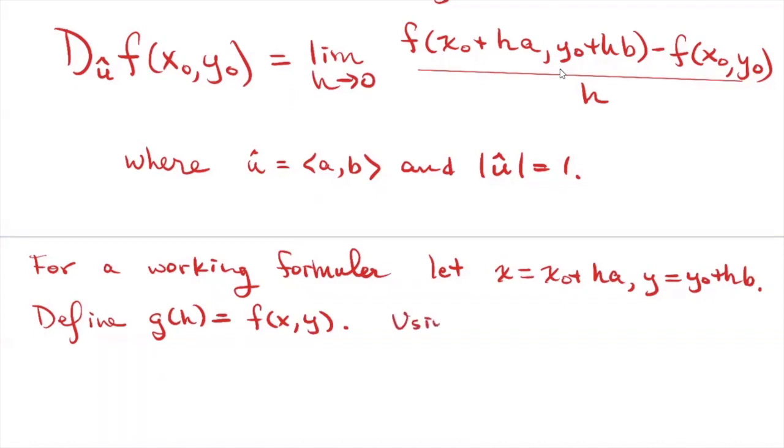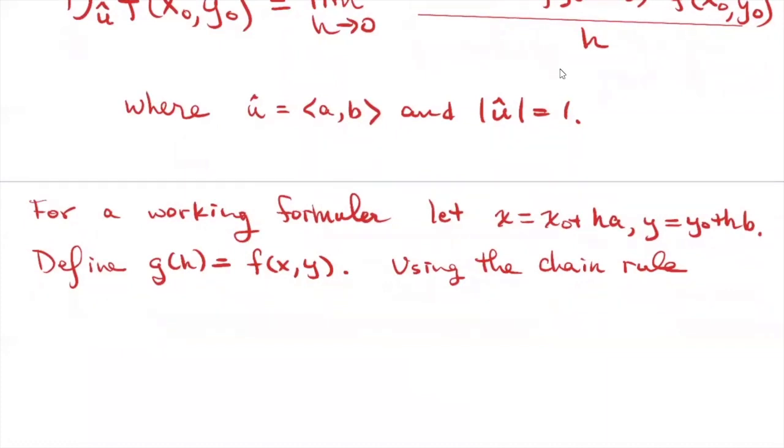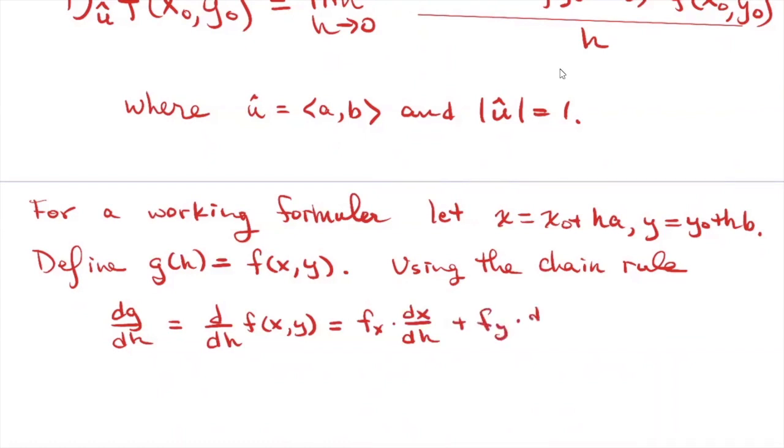Using the chain rule, the derivative of g with respect to h would be the derivative with respect to h of f of x, y, but this would be f x times dx over dh plus f y times dy over dh.